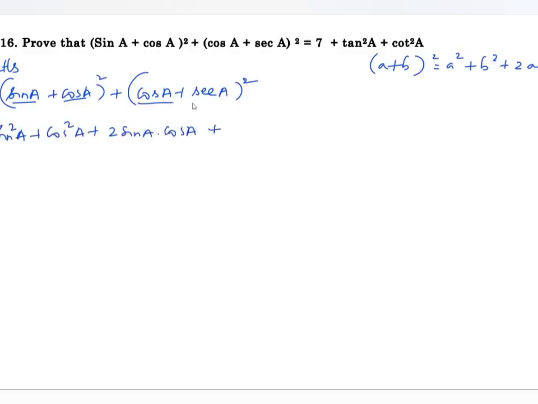In the same way, cos A plus secant A is cos square A plus secant square A plus 2 cos A into secant A. Now what is sin square A plus cos square A? It is 1 because of the identity. Students, it is not cos, it is cosecant.